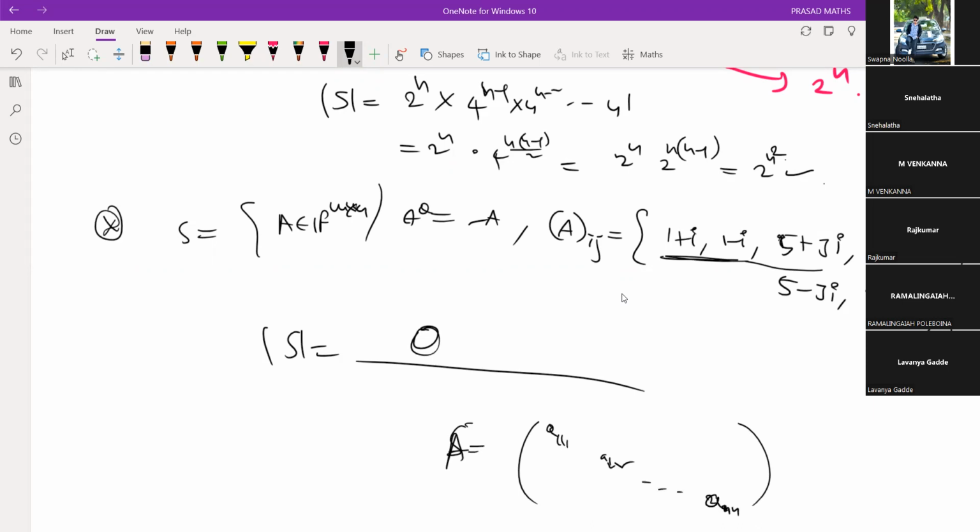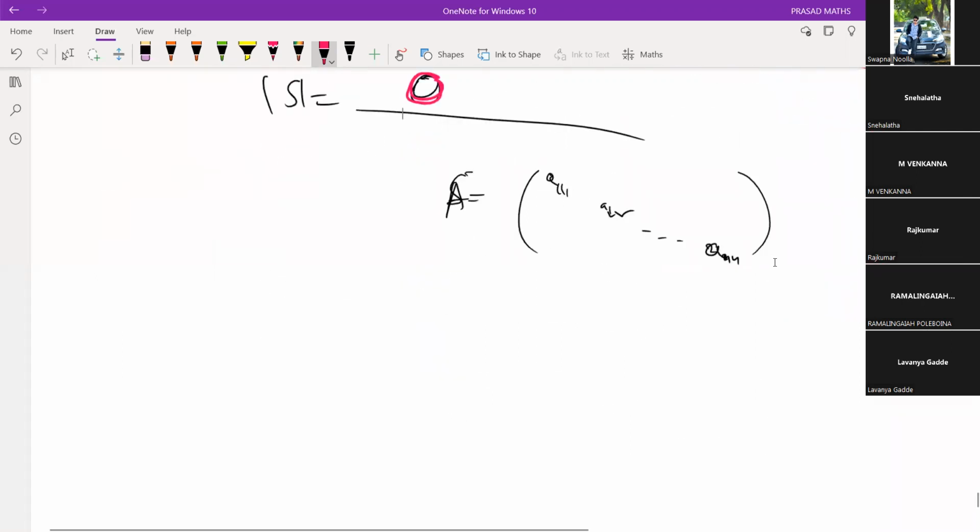But in these five elements, there are no purely imaginary numbers. Therefore, diagonal entries cannot be filled by any entry. Therefore, skew Hermitian matrices cannot be formed. Therefore, cardinality of S is 0. Is it clear?